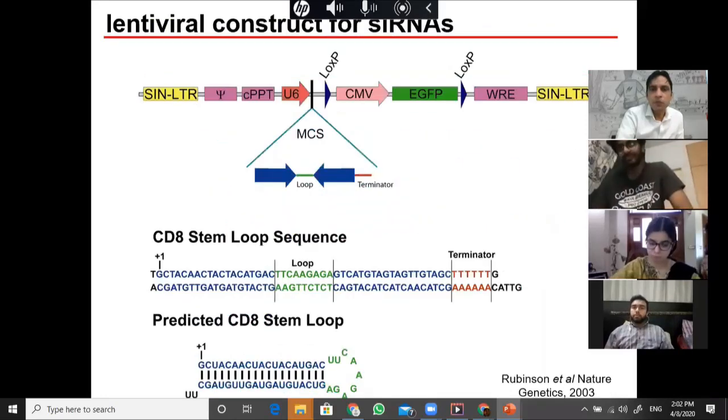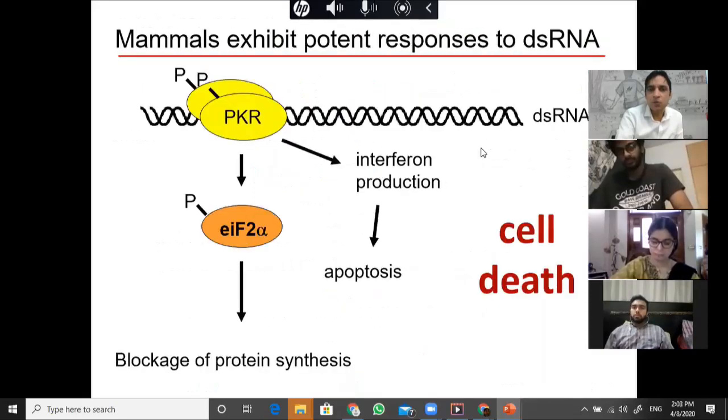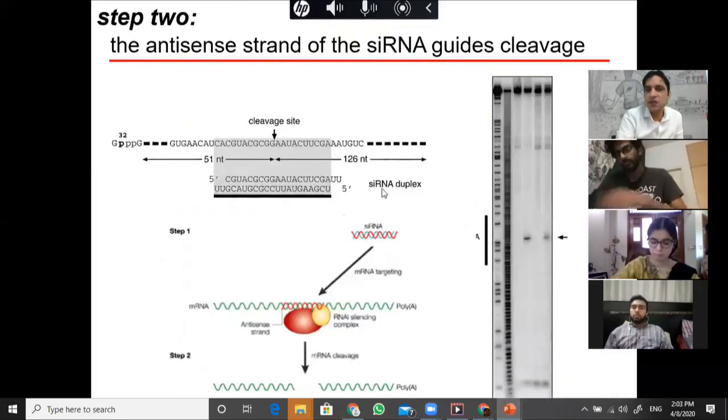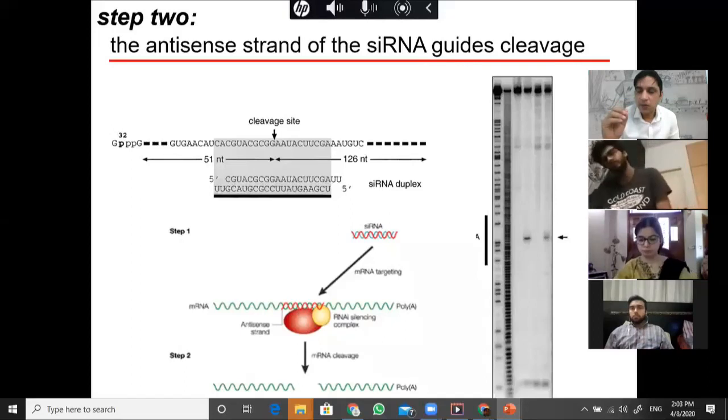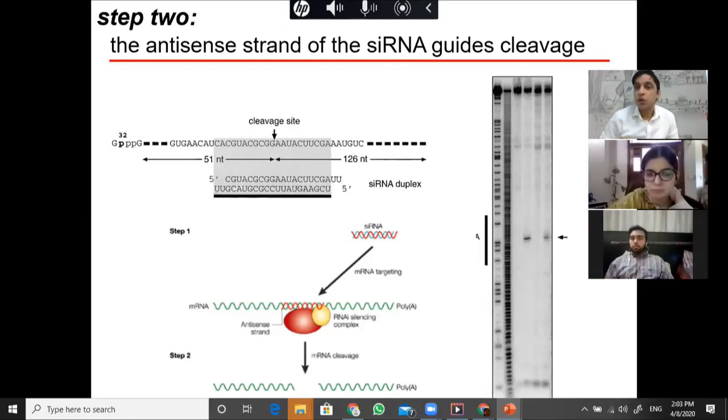Okay, how we can install the small interfering RNA within the system, how we can send the small interfering RNA within the system. The one and the easiest way is that you can create the double stranded nucleotides and you can just try to insert those double stranded nucleotides within the cells with the help of certain molecules, with the help of certain chemicals.